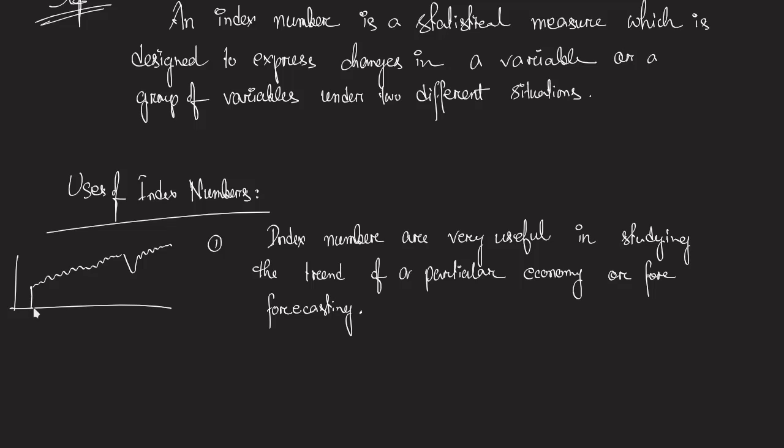Let's say this is the base period from where we started the study, say 2010, and right now this is 2020 or 21. Since it has been increasing on an average, we can predict that it will continue to increase later, right?